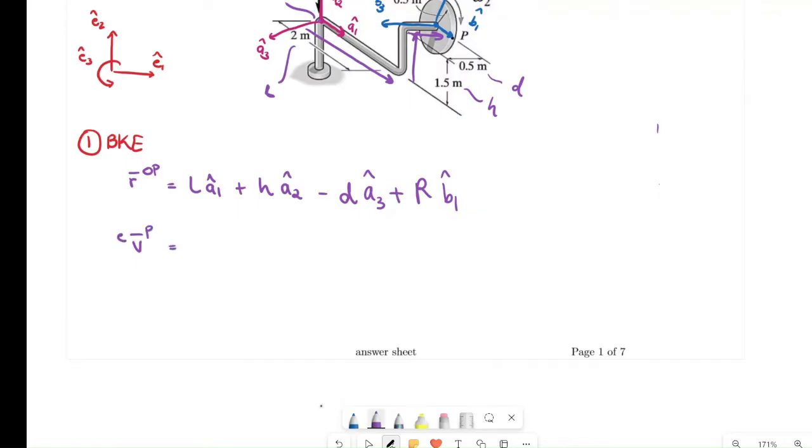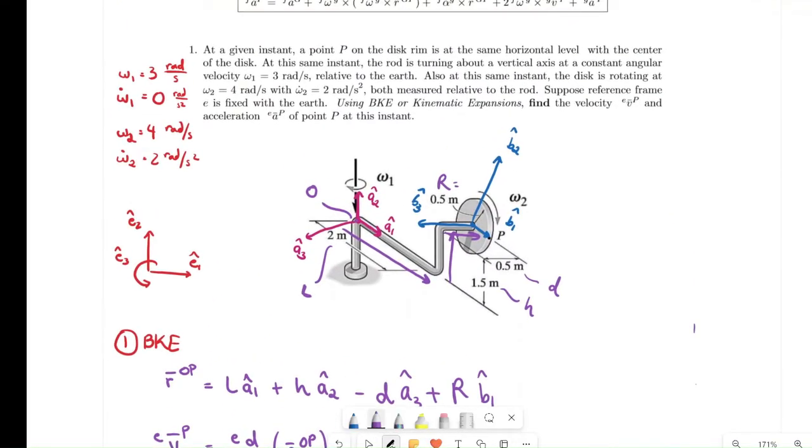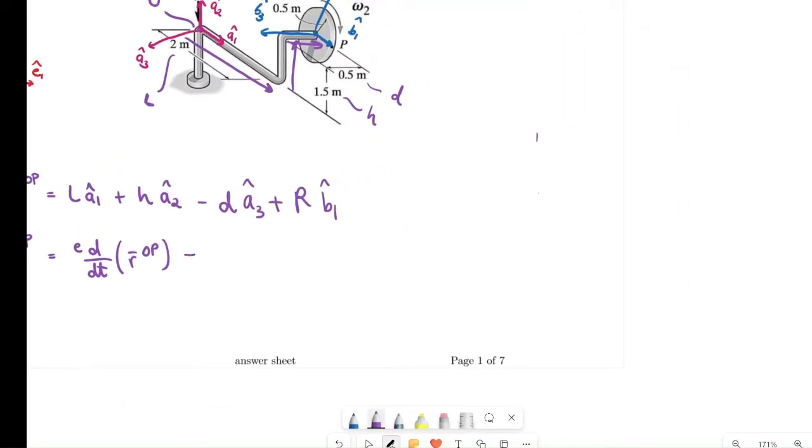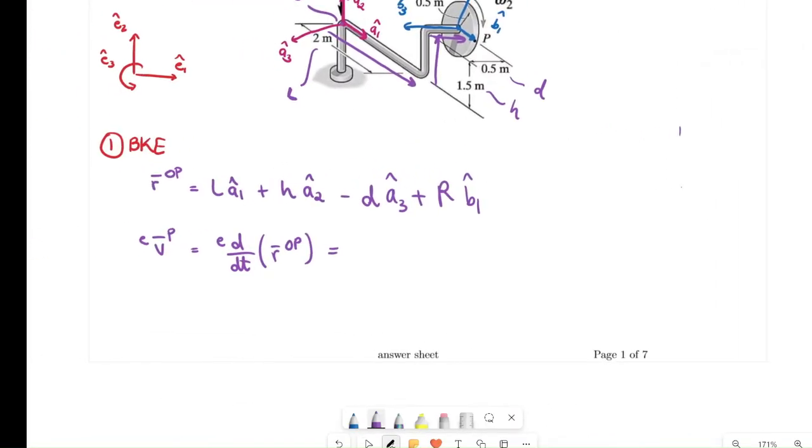Okay, so the way to do BKE then is to start the differentiation process. The velocity is the derivative of the position. So you take the derivative of ROP with respect to the frame we want it in, which is the Earth frame, E. The process is we first take the derivative of all the points with respect to the frame they're written in.